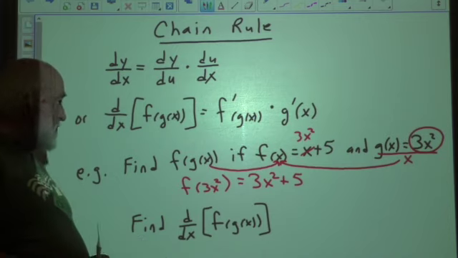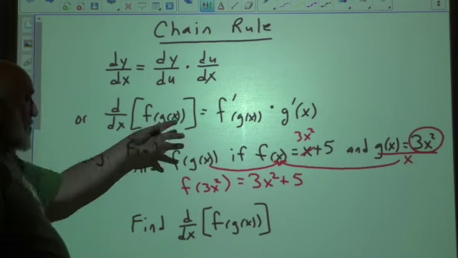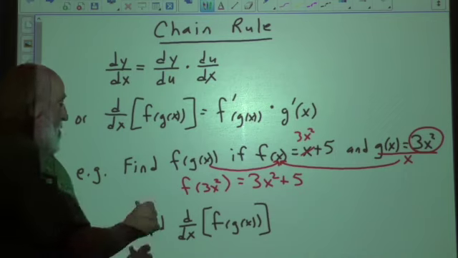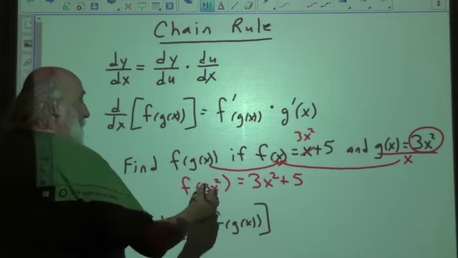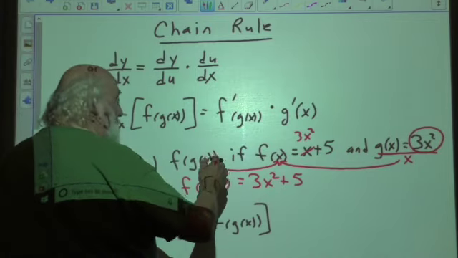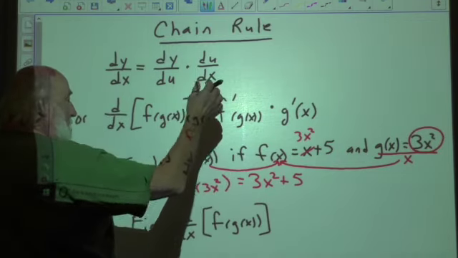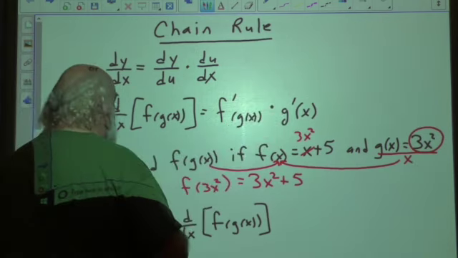Now, according to this, if I want to find the derivative of this, I would take the derivative of f of g of x times the derivative of g of x.